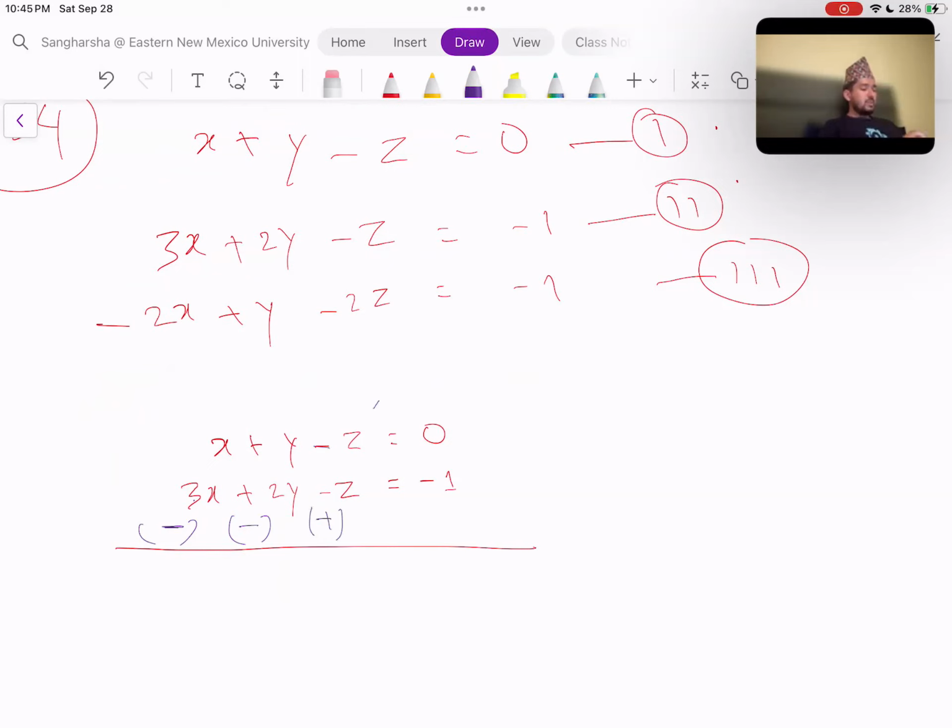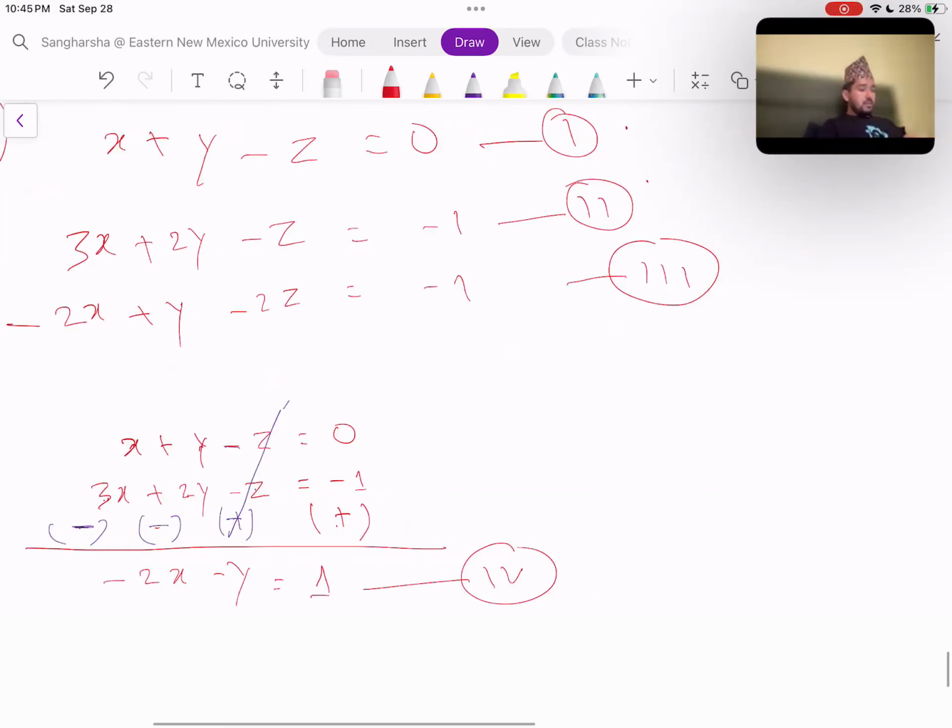So negative z, positive z, this is gone. So we have x minus 3x is -2x, y minus 2y is -y, equals, sorry, we need to change the sign of -1 too. So you change it into positive. You have to change the sign of every term if you are subtracting. So we have +1 plus 0, 1. Let me call this equation 4.